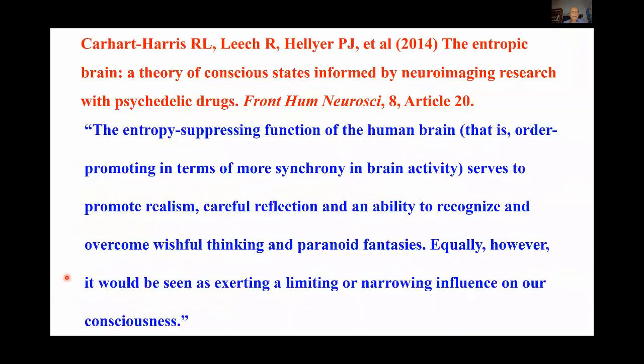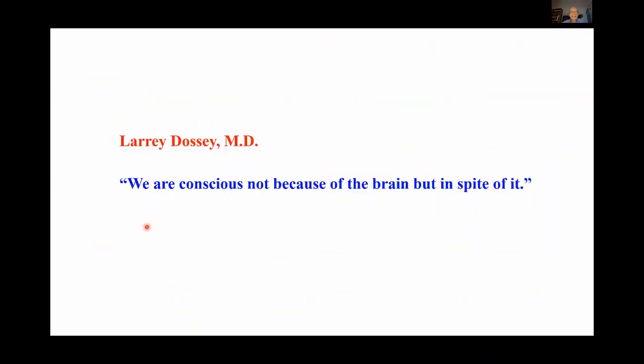So here, for example, from this article: the entropy suppressing function of the human brain, that is order promoting in terms of more synchrony in brain activity, serves to promote realism, careful reflection, and an ability to recognize and overcome wishful thinking and paranoid fantasies. Equally, however, it would be seen as exerting a limiting or narrowing influence on our consciousness. Now, this limitation of the brain on consciousness is starkly expressed in the quotation by Dr. Larry Dossey: we are conscious not because of the brain, but in spite of it.